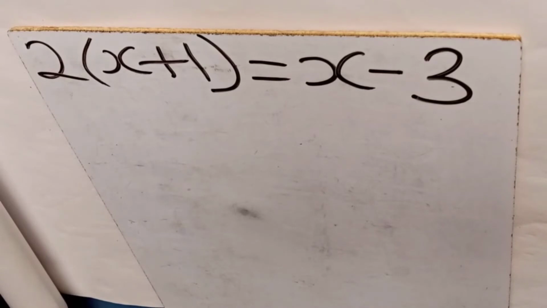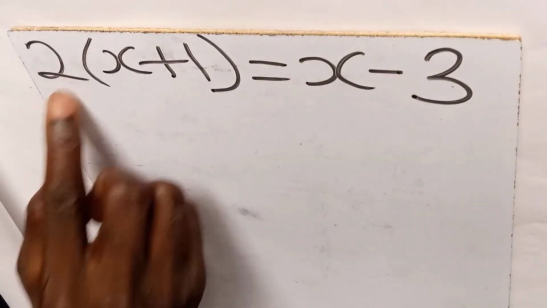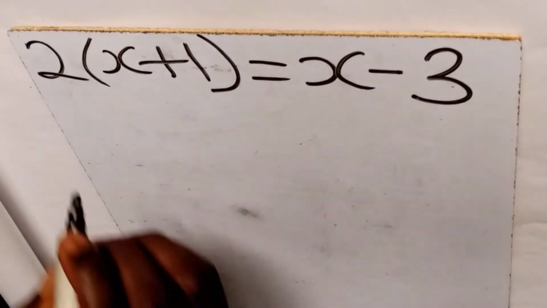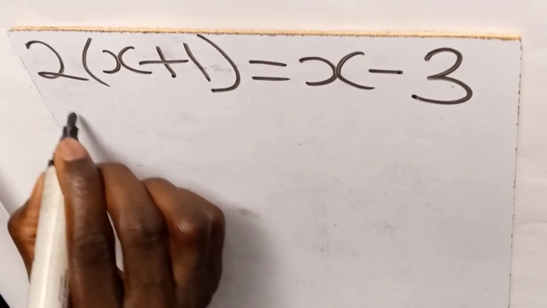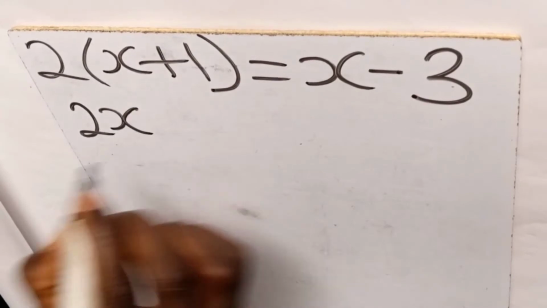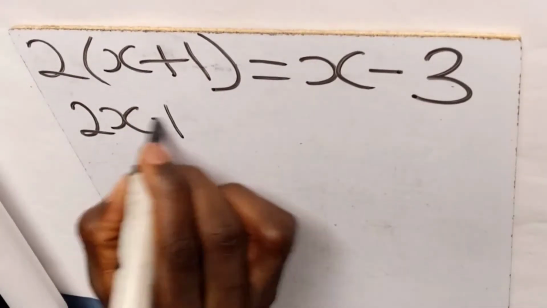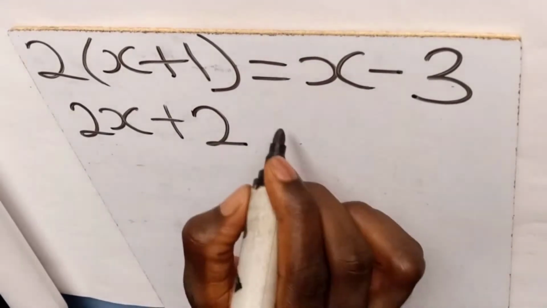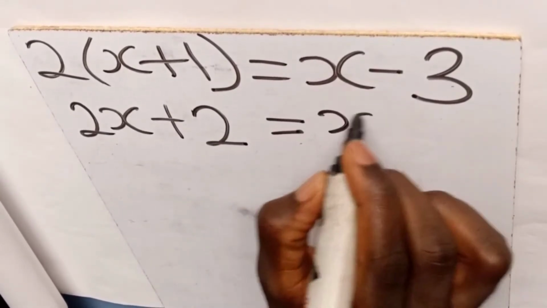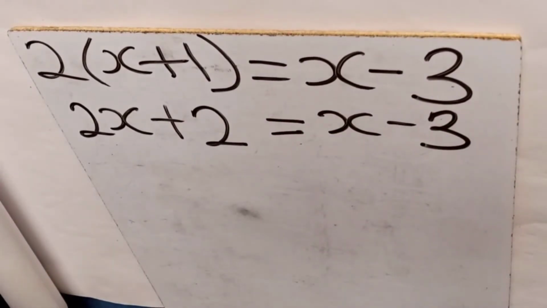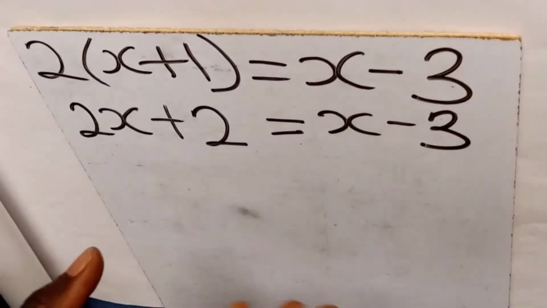We expand the bracket by multiplying the number outside the bracket by each term in the bracket. So we have 2 multiply x gives us 2x. 2 multiplying positive 1 gives us what? Positive 2, equal to, we have x minus 3. These ones are not in a bracket being multiplied by any number, so you write it as it is.